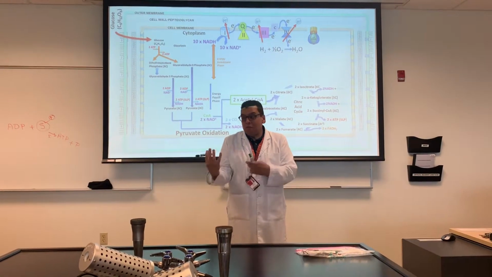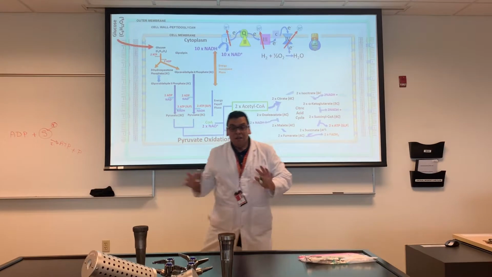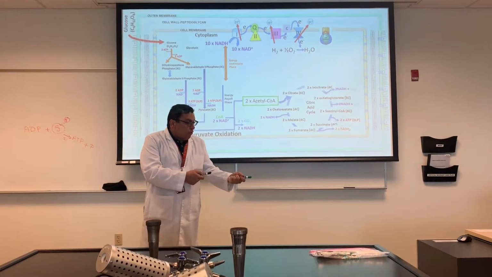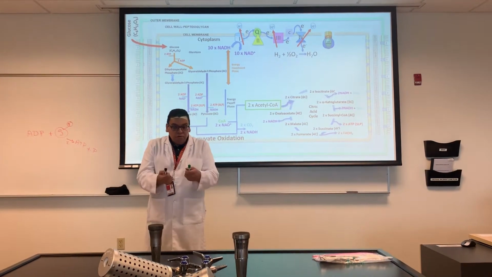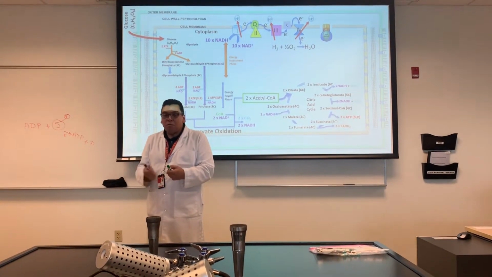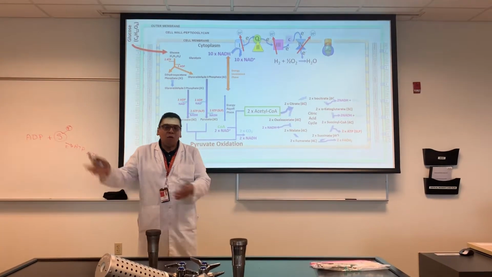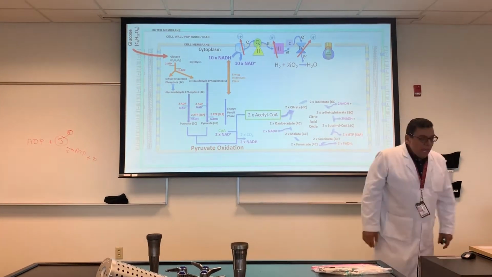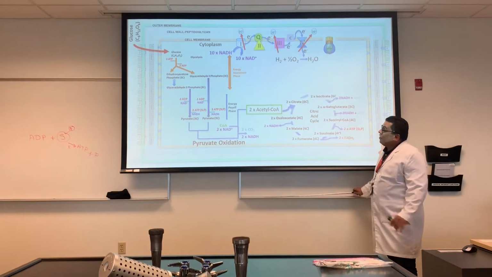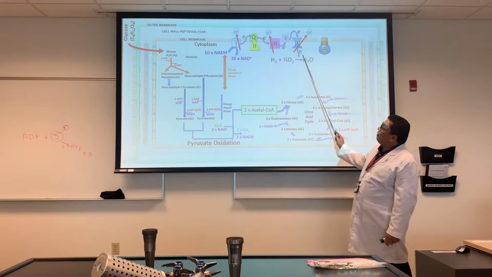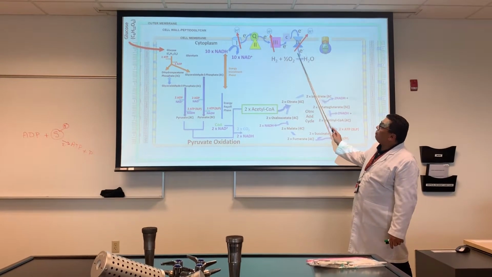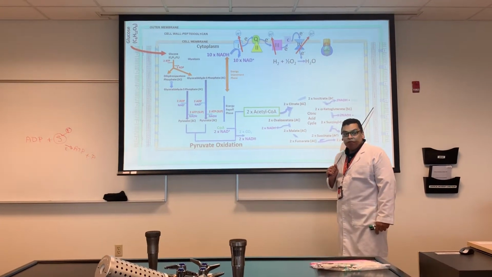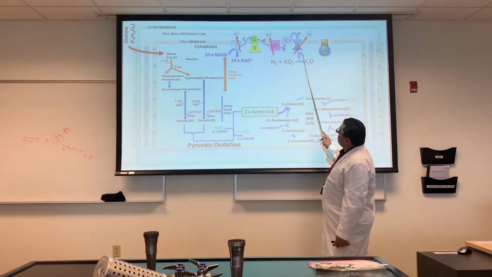I have to get rid of them before I take 2 more. Then complex 3 will do the same thing. Oh, I can't give them to 4, so I can't take electrons from complex 1, and so forth. The whole thing backs up. You know when that happens? In eukaryotic cells, the poison that blocks this step right here is cyanide. Cyanide blocks this step right here.